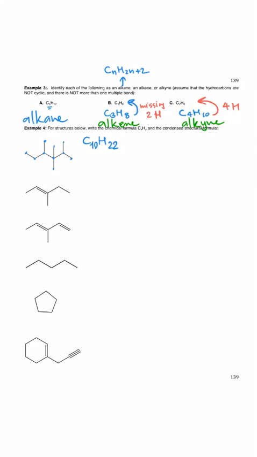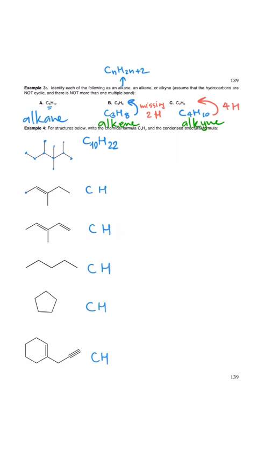So let's do the next one. Again, this molecule doesn't contain any other element, therefore our chemical formula would be just C and H. That means we will need to recognize which type it is: alkane, alkene, or alkyne. So let's take a look at the second molecule here.